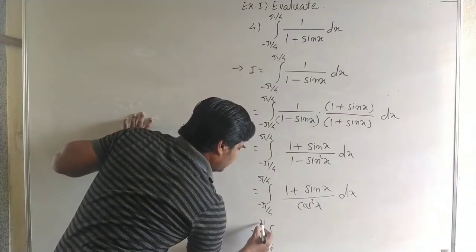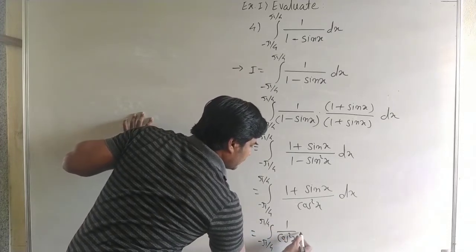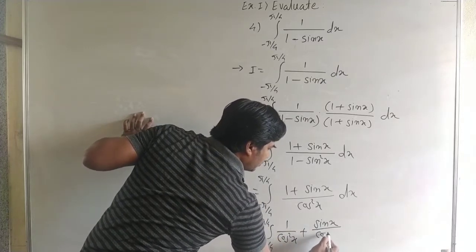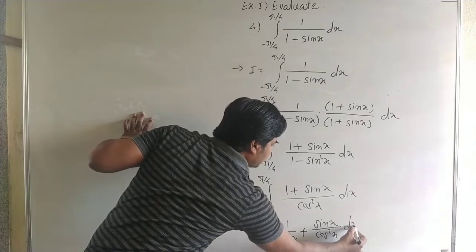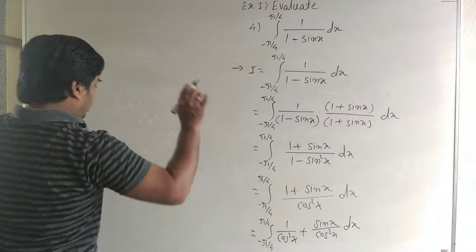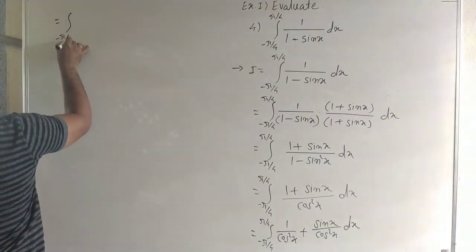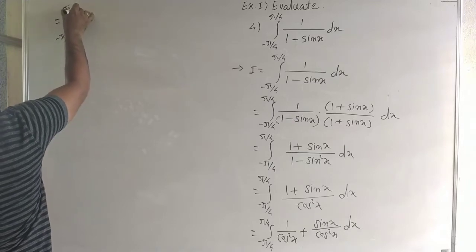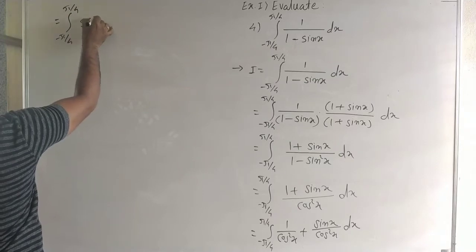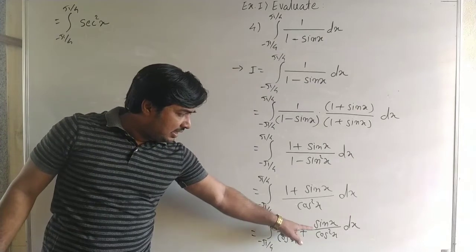Integral from minus pi by 4 to pi by 4 of 1 upon cos square x plus sin x upon cos square x. We only separate the denominator. Now we know that 1 upon cos square x means sec square x. The first term is sec square x, and here it is sin x upon cos square x.